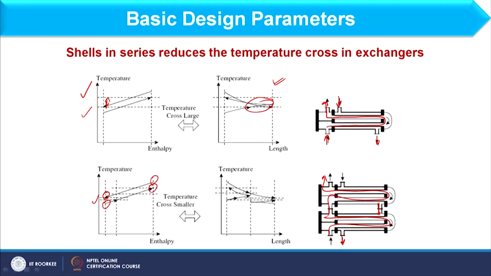When the fluid is entering, this temperature will be equal to this. Once it exits the first shell, it will enter the second shell and then finally exit. So this temperature and this temperature will remain the same. Now, what will happen with the tube side fluid? This is the inlet temperature, which is equal to this temperature.